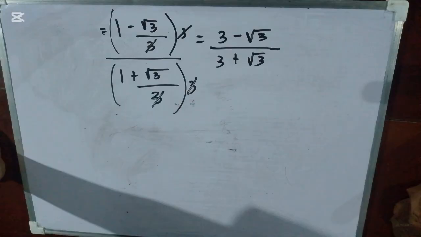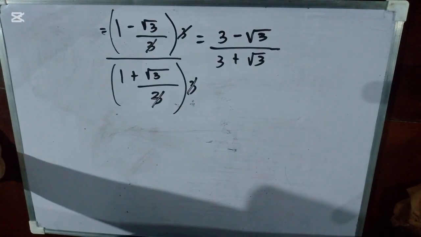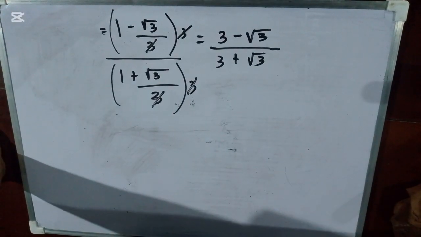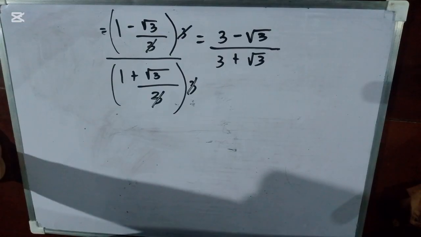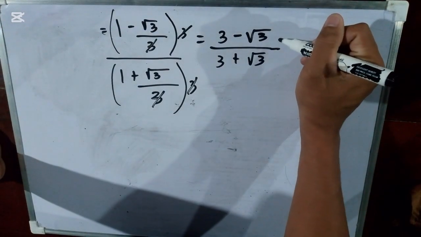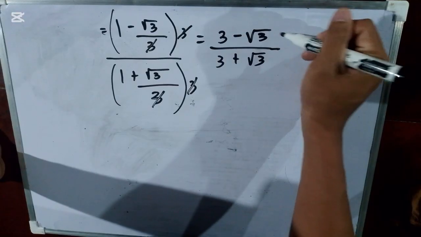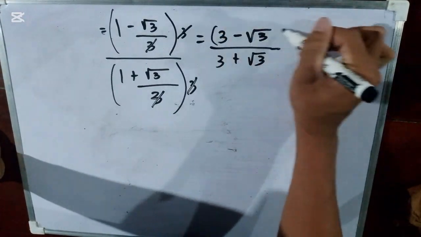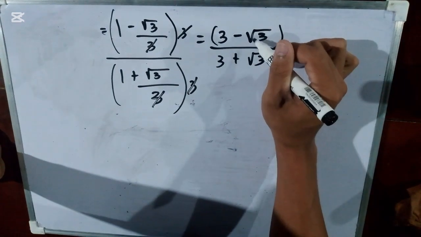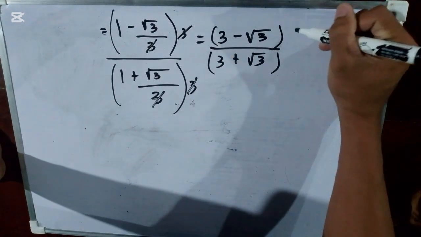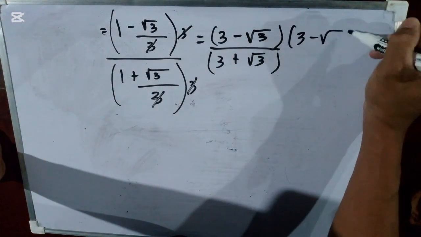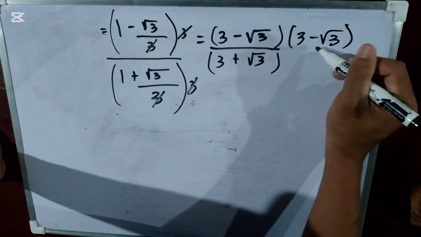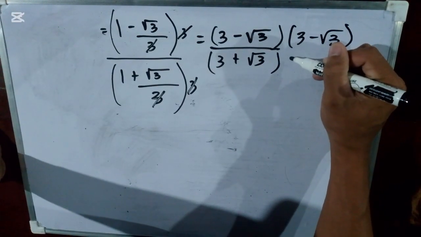And now we don't have complex fractions, similar to the sum identity using the tangent function. We need to multiply the numerator and the denominator using the numerator, or the 3 minus root 3, and it will become 3 minus root 3 times 3 minus root 3 over 3.